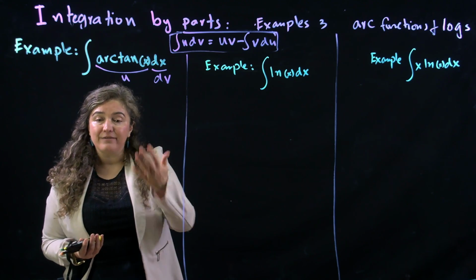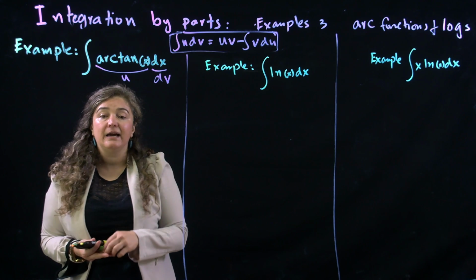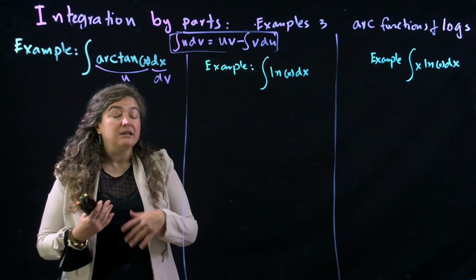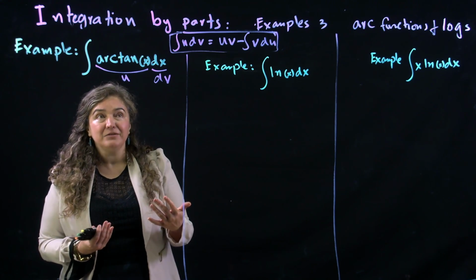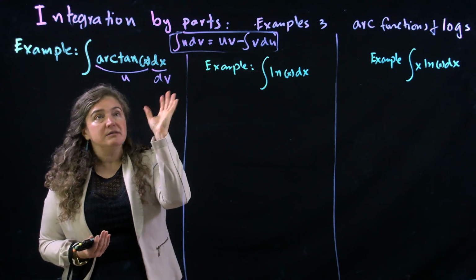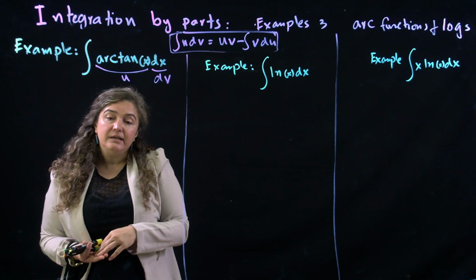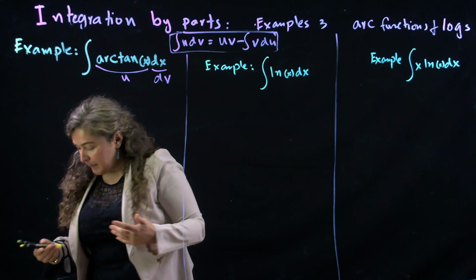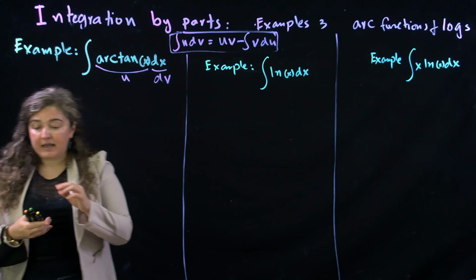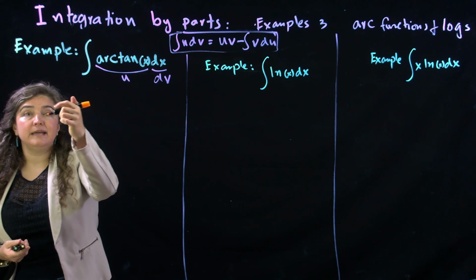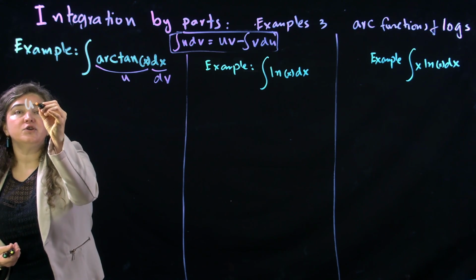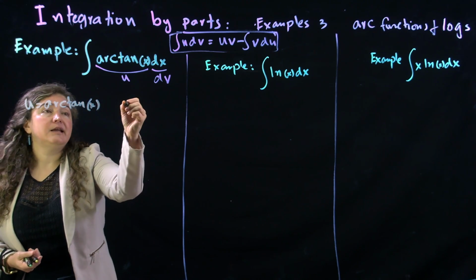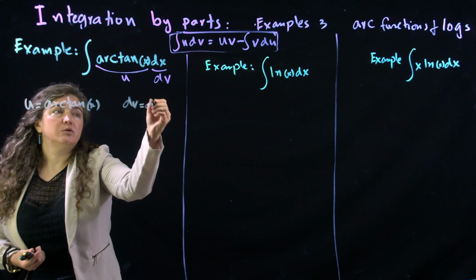You have to have some intuition that arctan is going to be integration by parts, or by trial and error you figure it out. I don't see anything multiplying arctan, so dx should be dv. Let's set it up. My rule of engagement is put u first, equal to arctan of x, and then dv equal to dx.